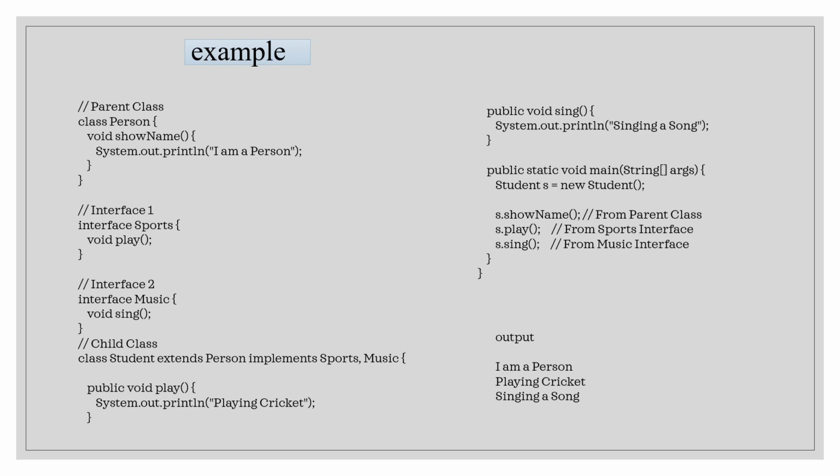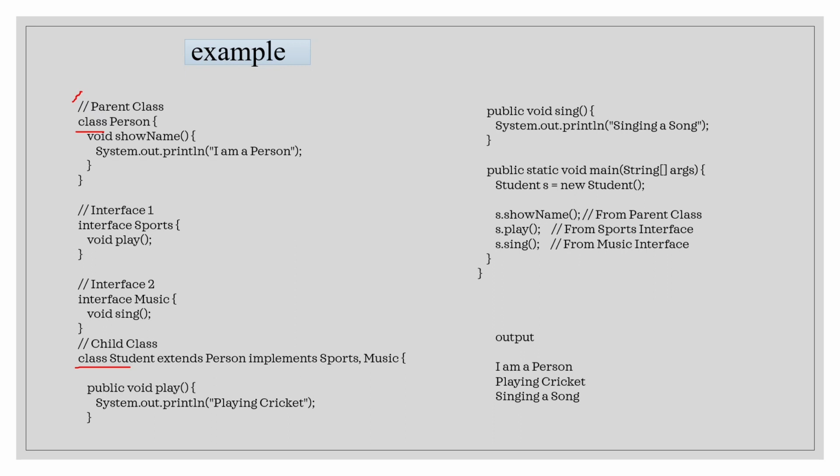Now let's understand this example clearly. Here Person is the parent class and we have a child class Student, and this Student class is extending the Person class. This represents single inheritance because one child class is inheriting from one parent class. So the Student class can access the properties and behaviors of the parent class Person.